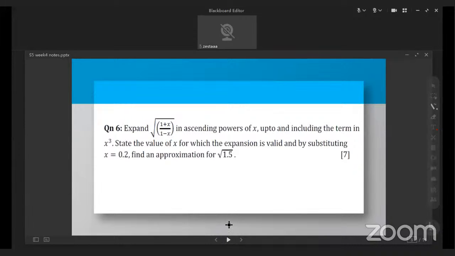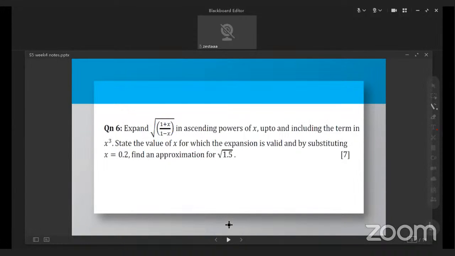We remember this question. I think this is what we are going to work out, and then we try to see how best we express that given question, as far as the binomial theorem is concerned. That's what we are looking out for.